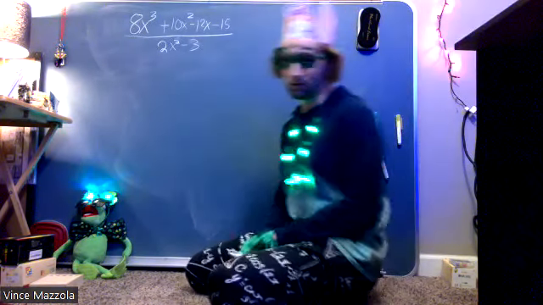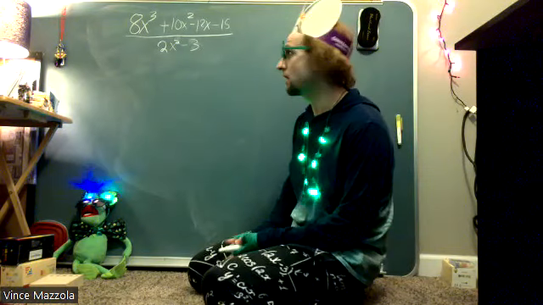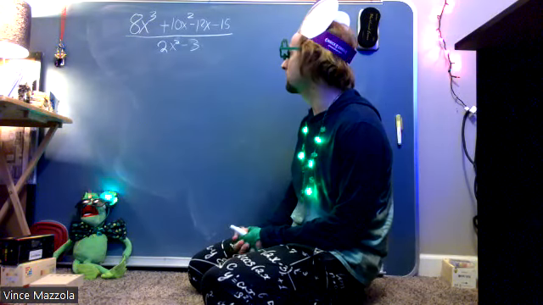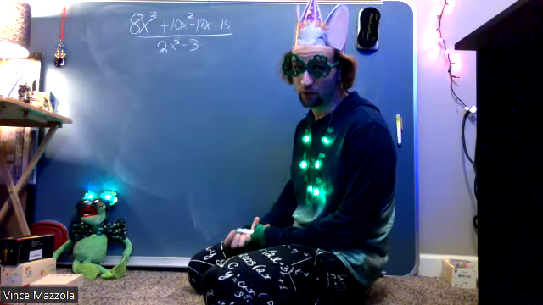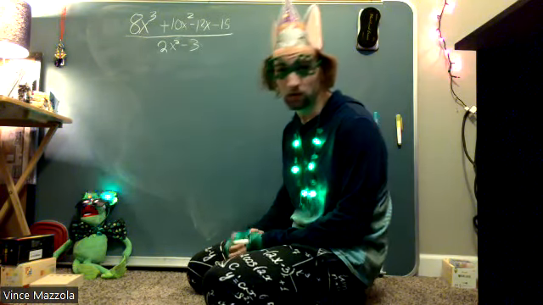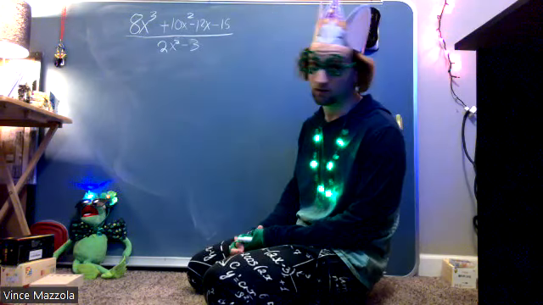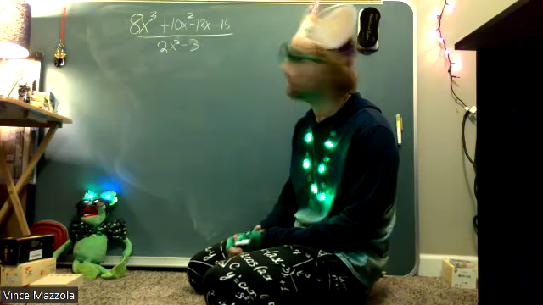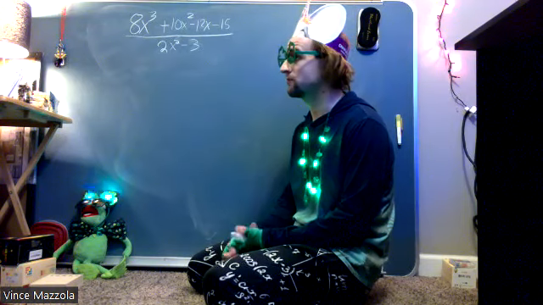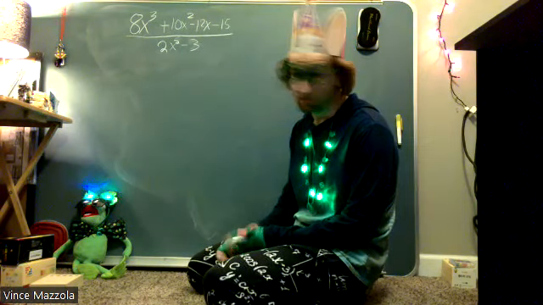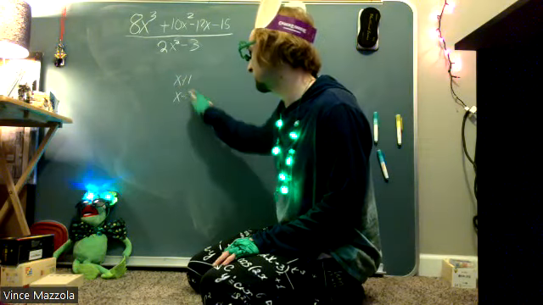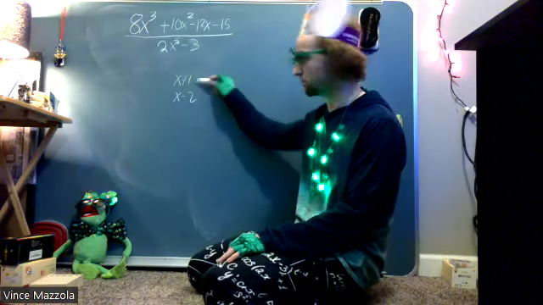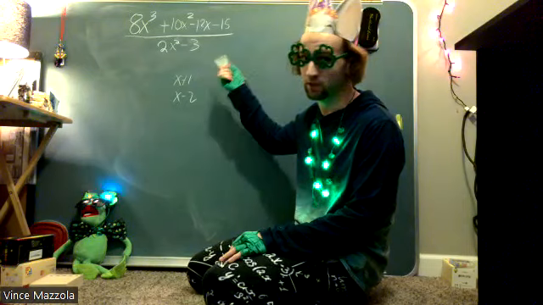So we have this beautiful polynomial function, 8x cubed plus 10x squared minus 12x minus 15, over 2x squared minus 3. Now, I know we have only been dividing by x to the first power. Remember, you can only use synthetic division if it's like x plus 1 or x minus 2, meaning linear binomials, first power in 2 terms.